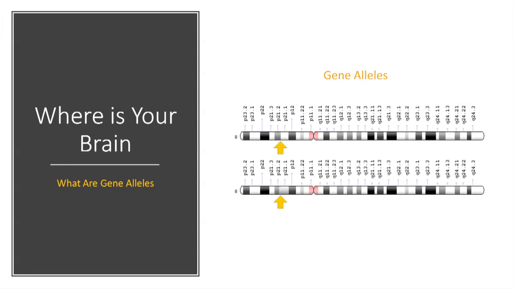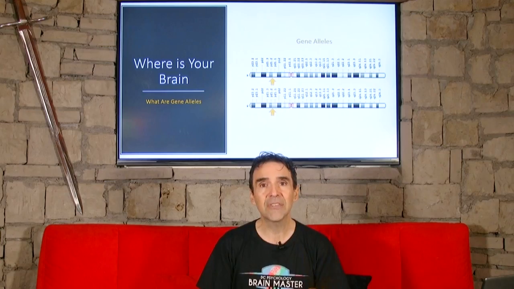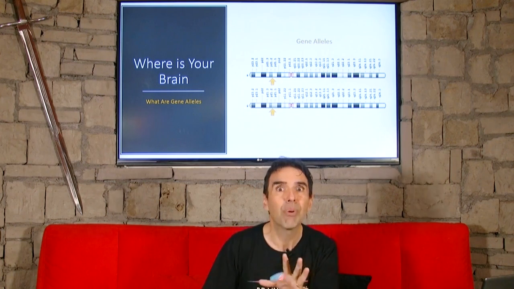Gene alleles. See, the thing is that every gene has different lengths, and the lengths of those genes does affect something different, could be, for example, as simple as eye color, or as complicated as the amount of specific enzymes released that affect brain process.